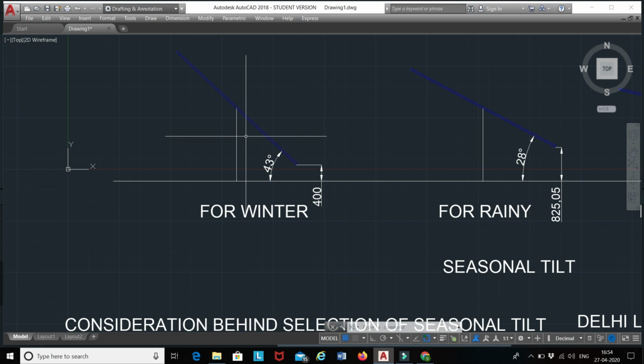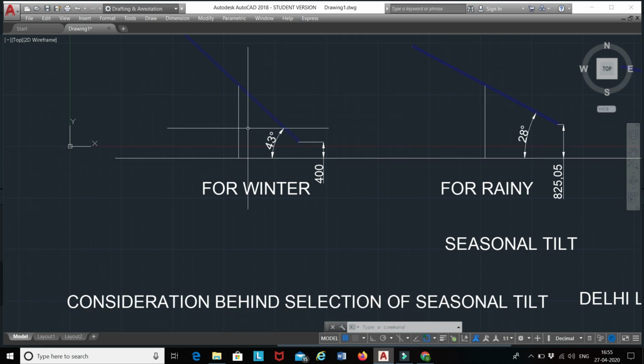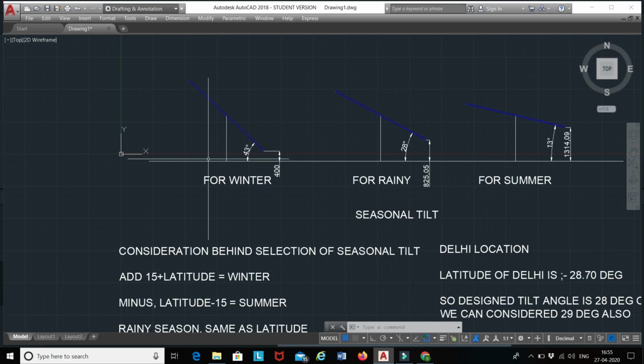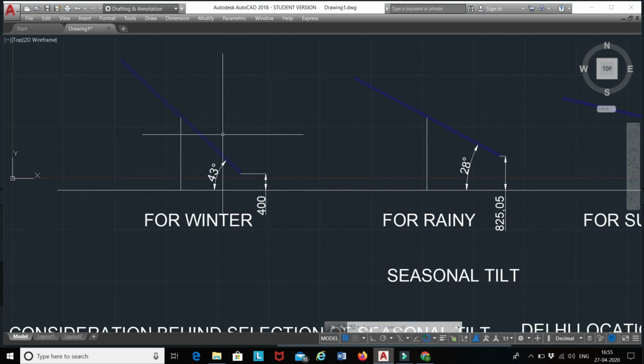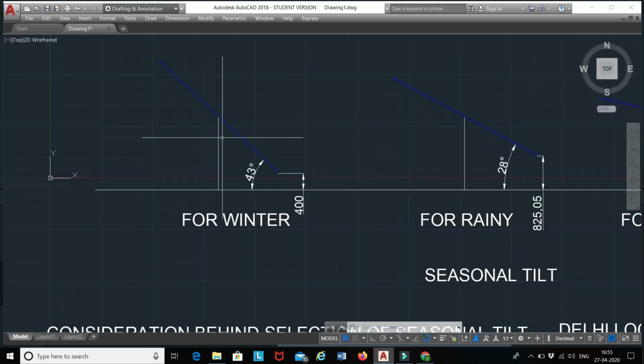To overcome this uplift force, we design a very high dead weight. If we design a very high dead weight, the cost of civil work and the cost of structure both increase drastically, and the design becomes very uneconomical.